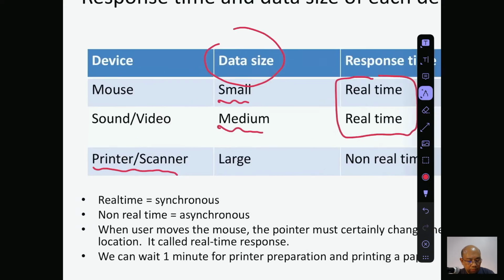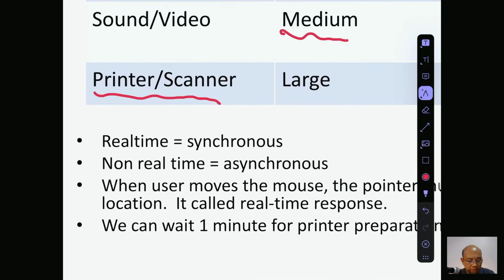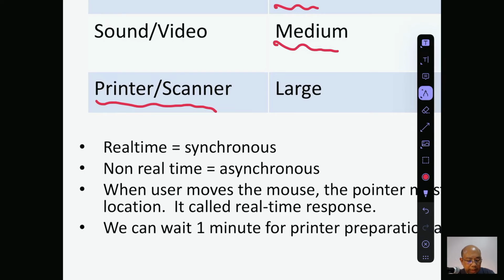The response time in the group of real time we call synchronous. Synchronous means all of the devices transfer the data at the same clock. If the system or device runs in non-real time, we call it asynchronous.